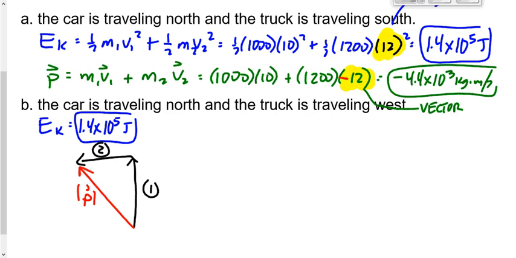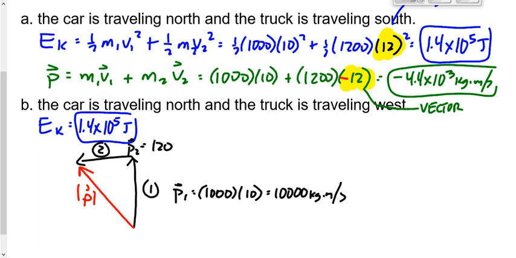Okay, we're saying the momentum of object number 1, let's find it. It's 1,000 kilograms times the velocity of 10 meters per second, which is 10,000 kilograms meters per second. Of number 2, we're going to say it's 1,200 kilograms times 12 meters per second, which is 14,400 kilograms meters per second.